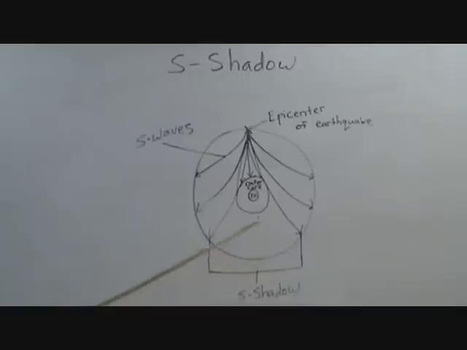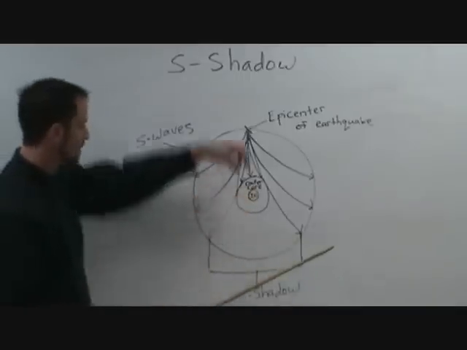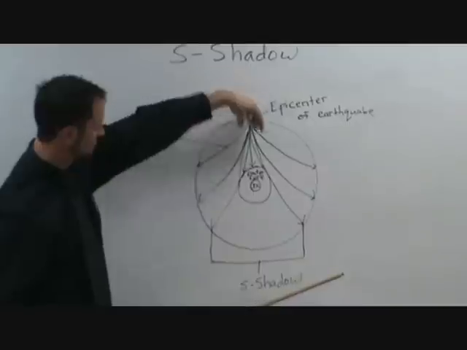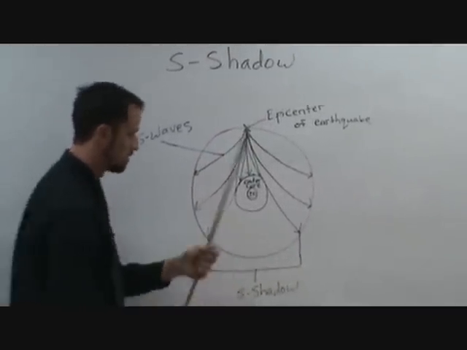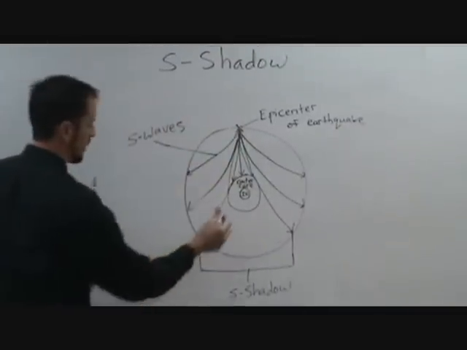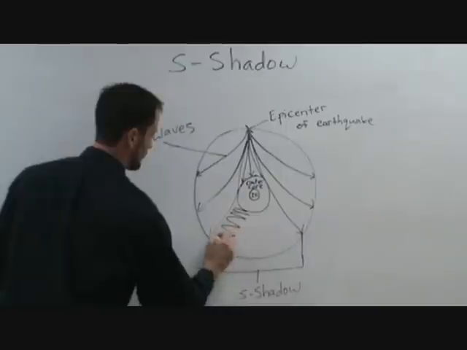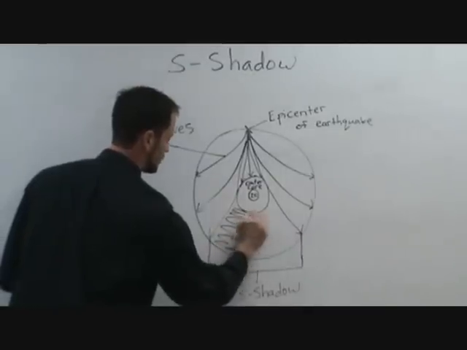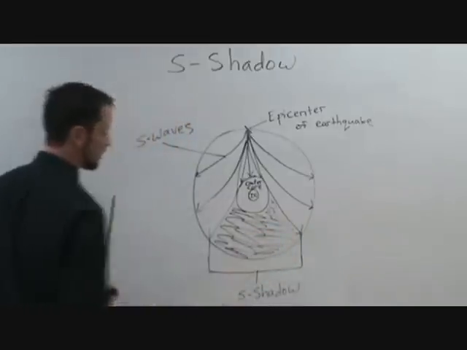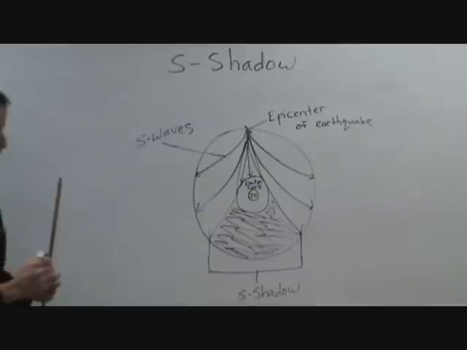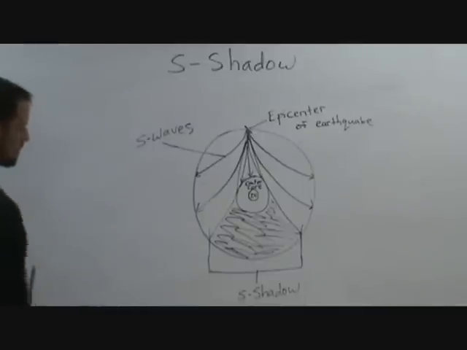It's just like if this were a ball right here, and I put a flashlight shining down towards that ball, we'd see a shadow right here. Same thing happens with the S waves. This area is called an S-shadow because S waves cannot get there. It's blocked by the outer core, the liquid outer core.